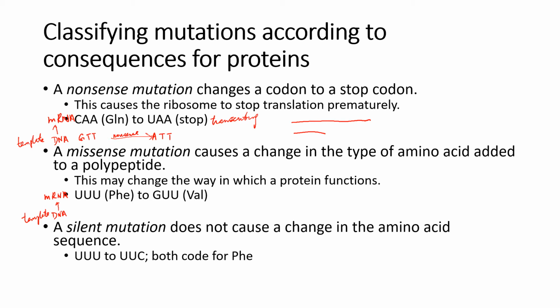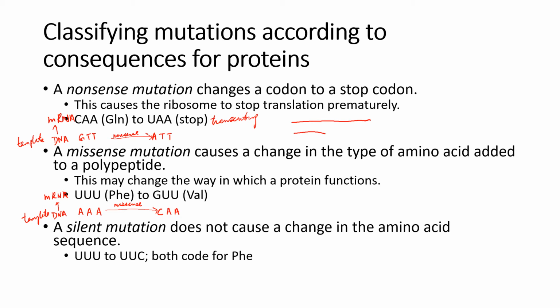And so UUU in the mRNA would have been derived from AAA in the template DNA. And if this gets changed by what's called a missense mutation to CAA, then the resulting mRNA from CAA would be GUU.